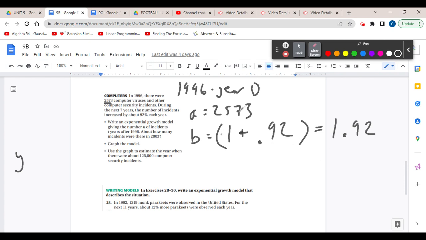So if we want to find out the total number of viruses, we're going to have Y equals 2573 times 1.92 to the X power.